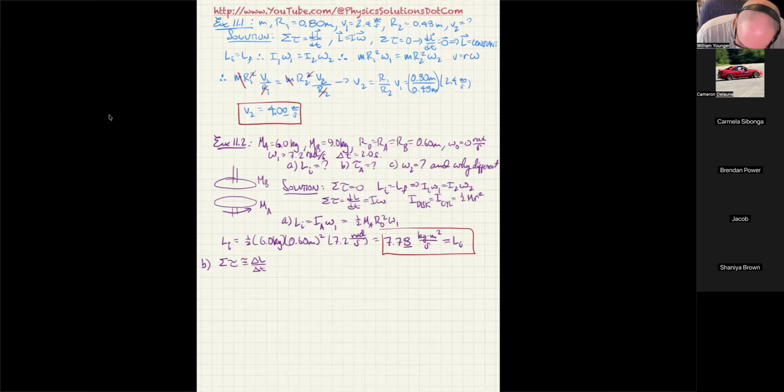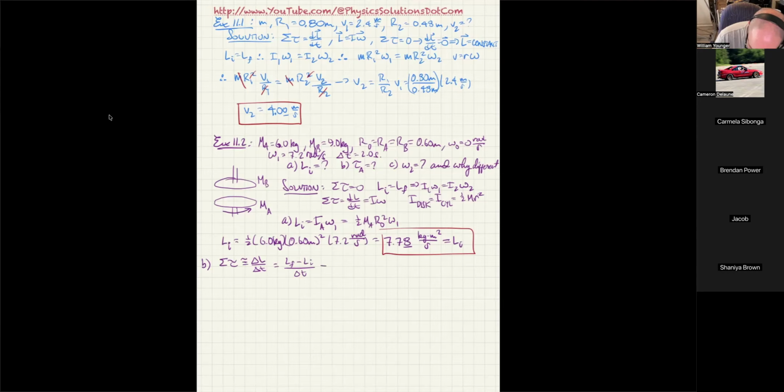Now, what is delta L? As always, delta means final minus initial. So this would be the final angular momentum minus the initial angular momentum, over delta t. Now, the final angular momentum is the momentum that it had when we first started looking at it. The initial angular momentum was zero because sometime in the past it was started from rest.